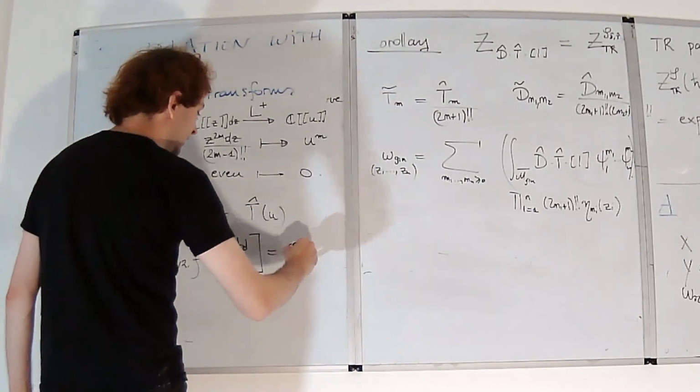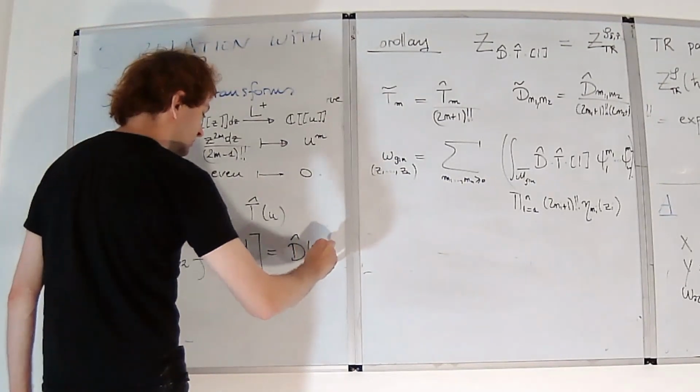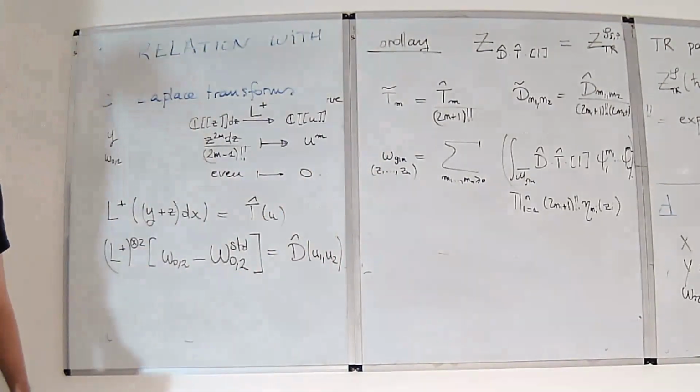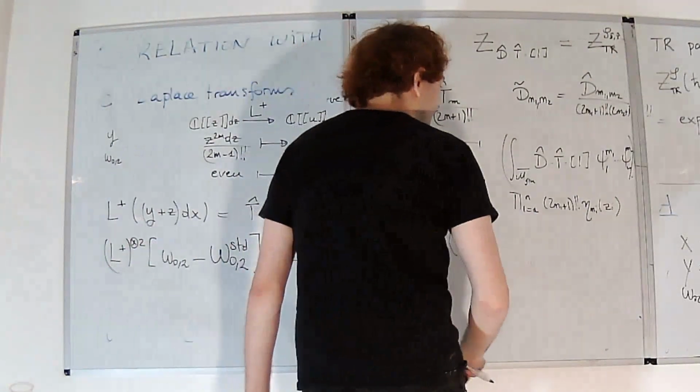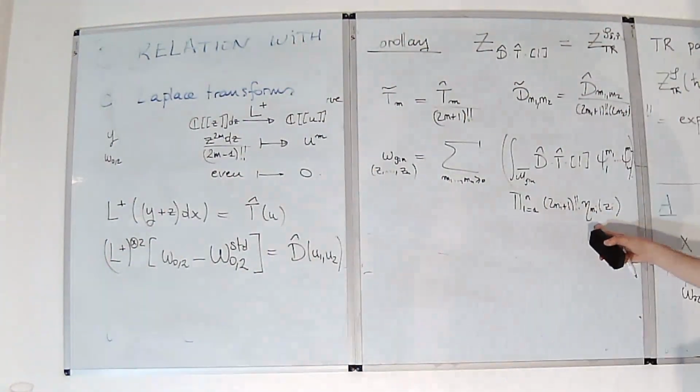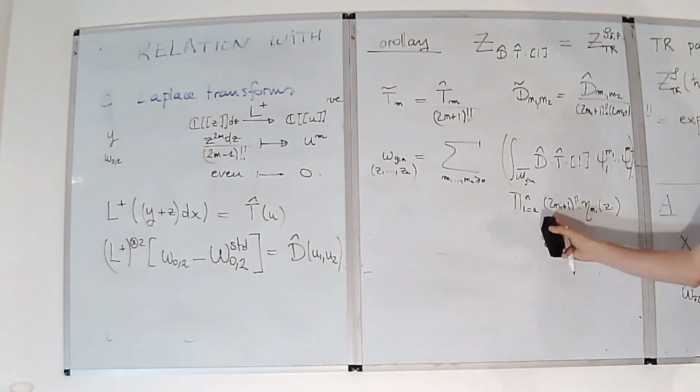And this is the d hat. Then we have to do this kind of thing: we have to take the basis eta, but then multiply it by this factor which we would like to get rid of.